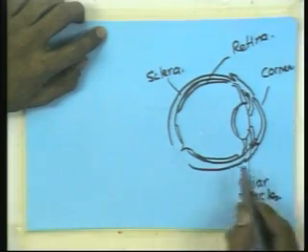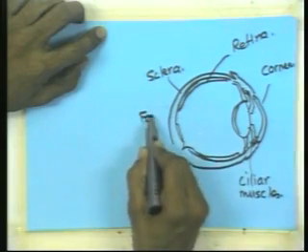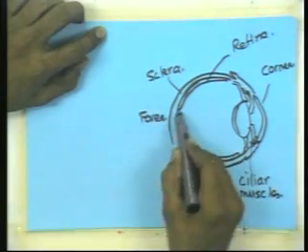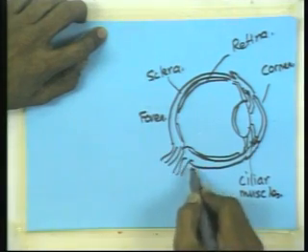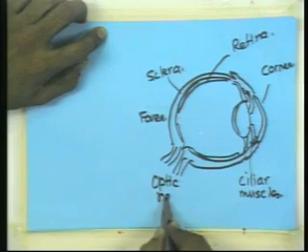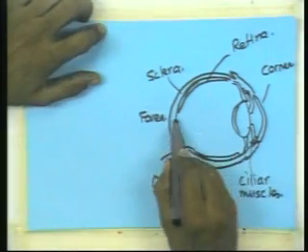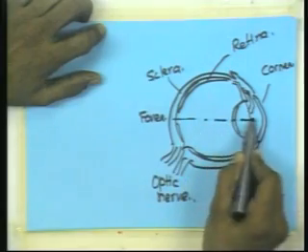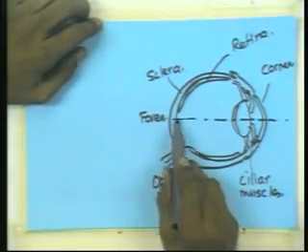Okay. This spot here is very, very important, which is called the fovea, and you have the optic nerve going to the brain. Okay. The optical axis passes through the center of the lens and onto the fovea.